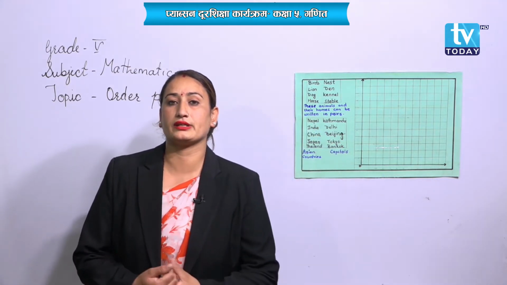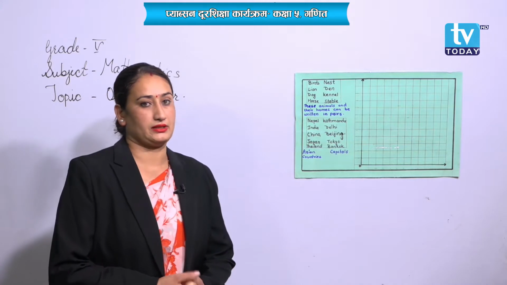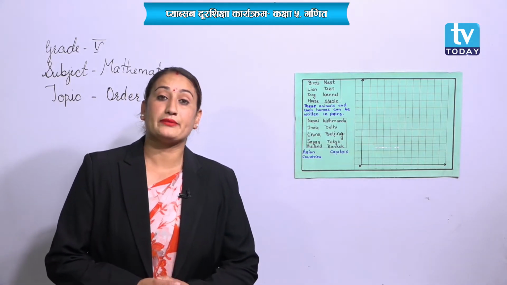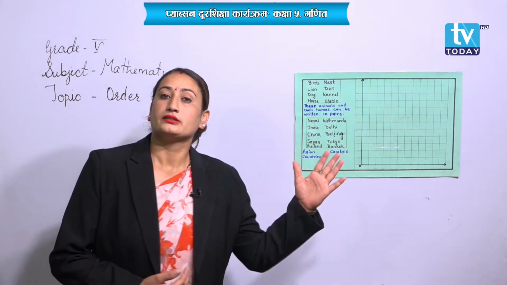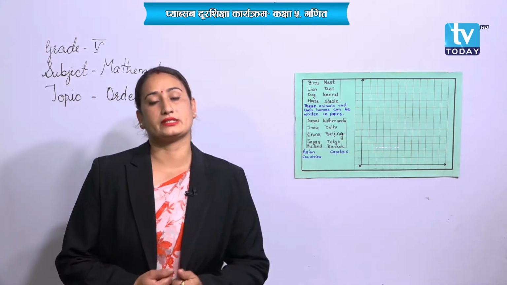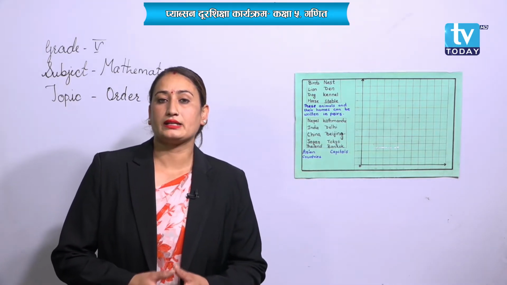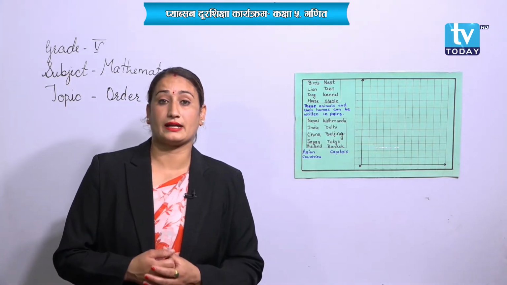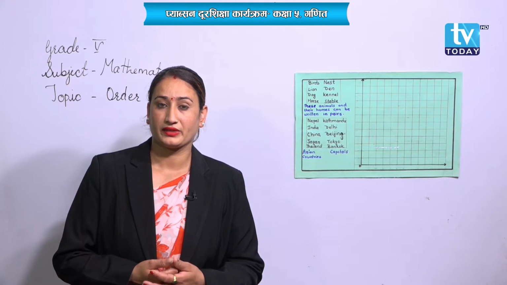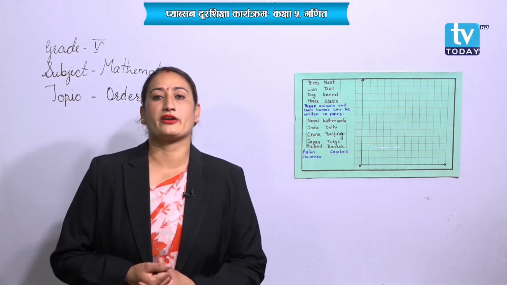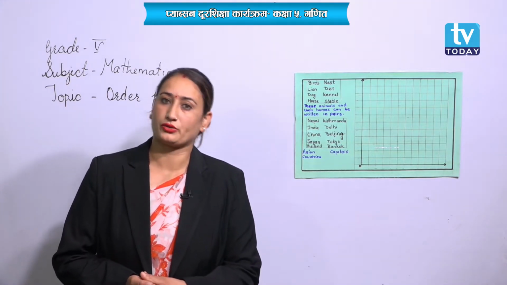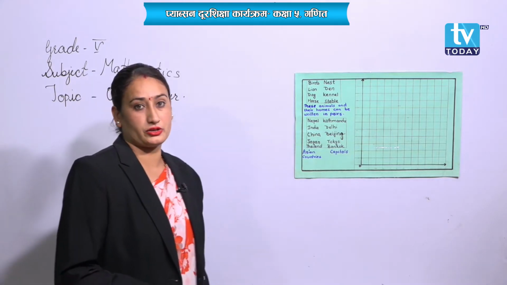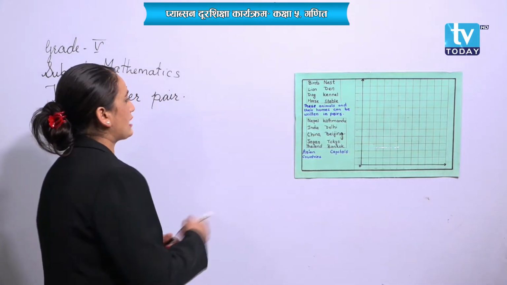See here, students, in the first box, animal names and their homes are written. Can you make an ordered pair of those animals and their homes? So, how to make an ordered pair? Have a look and let's write it.